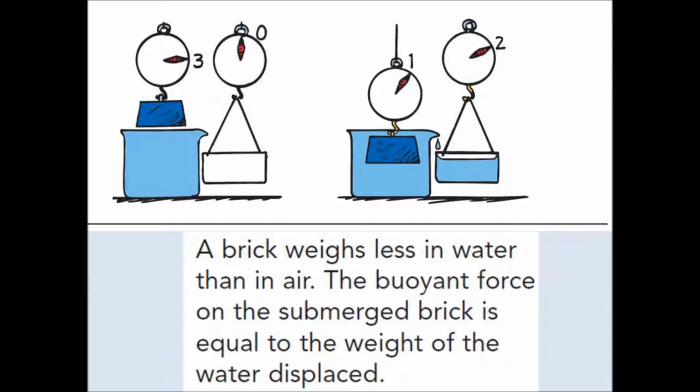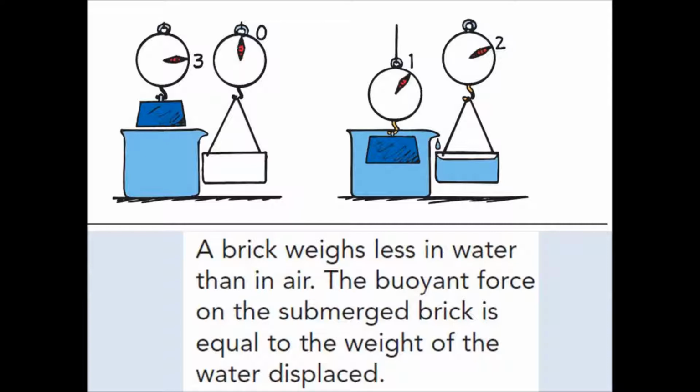So here's a brick that's being suspended by a scale. It has a volume undetermined, but it has a weight of 3 units. Now I'm going to immerse it in a fluid, and I find that the fluid that it displaces is 2 units of weight.